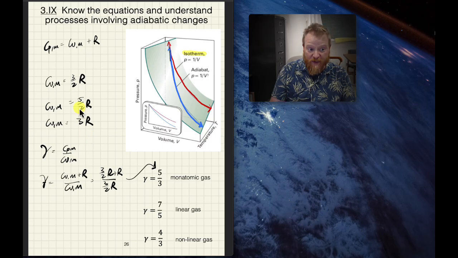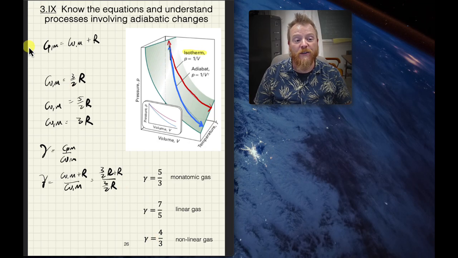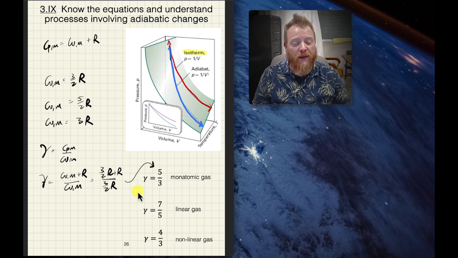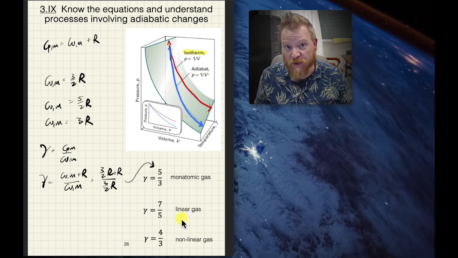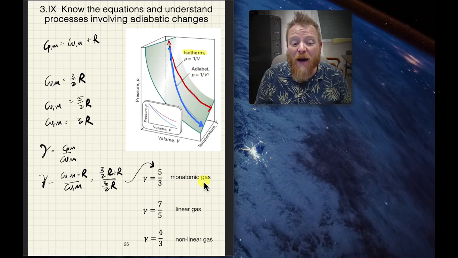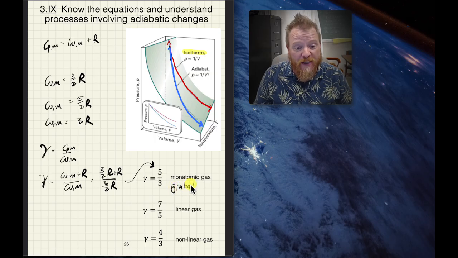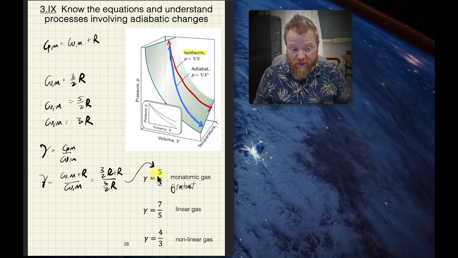And we can repeat this same process with our linear gas and our nonlinear gas and arrive at these adiabatic indices. And okay, so what this tells us when we think about the temperature changes that these different types of gas will experience upon adiabatic expansion, a monatomic gas will experience the greatest temperature change due to the index right here.